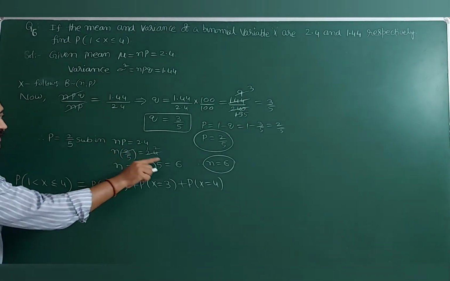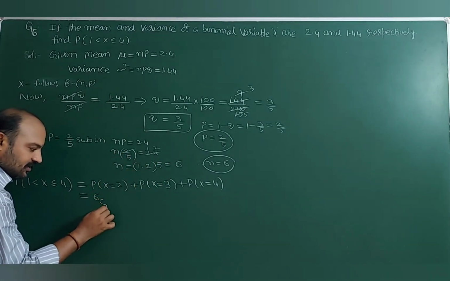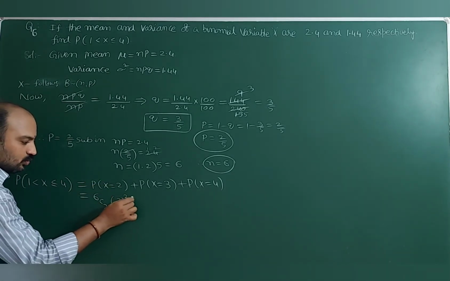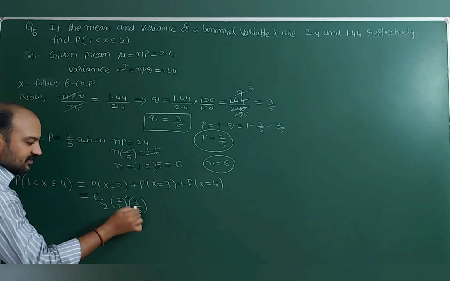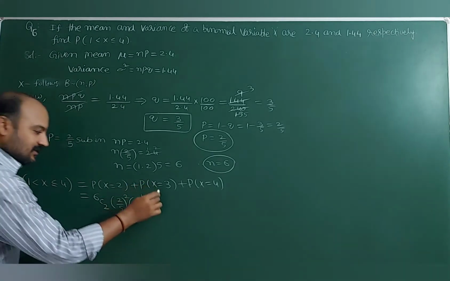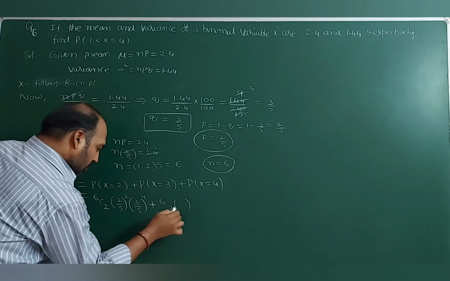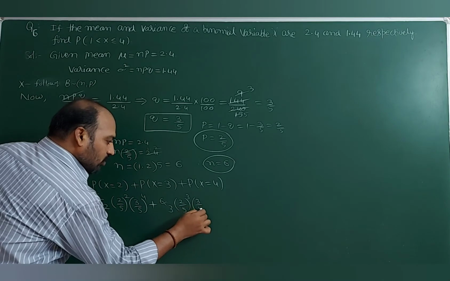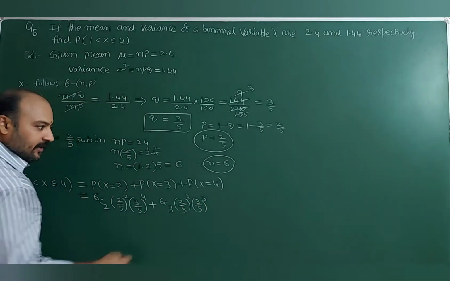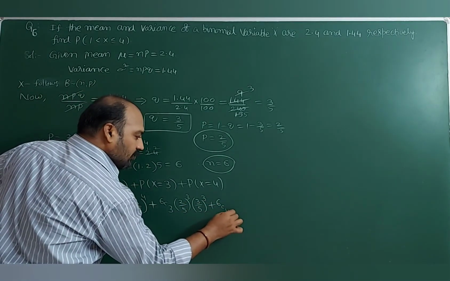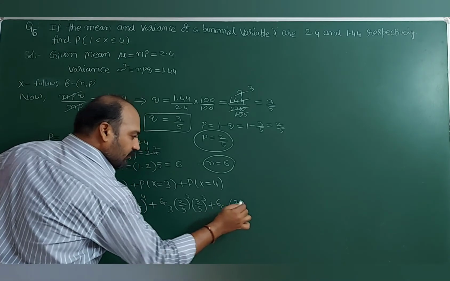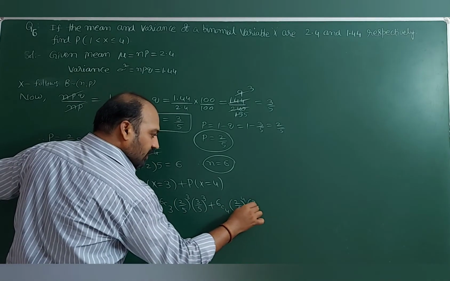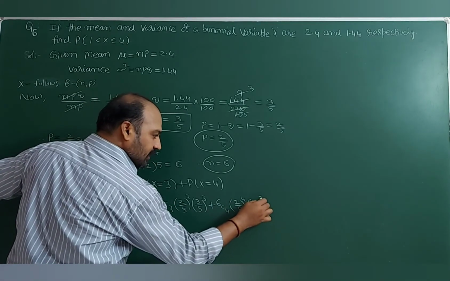N is equal to 6. 6C2 (2/5) whole power 2, (3/5) whole power 6 minus 2, 4, plus 6C3 (2/5) whole power 3, (3/5) whole power 6 minus 3, plus 6C4 (2/5) whole power 4, (3/5) whole power 6 minus 4, 2.